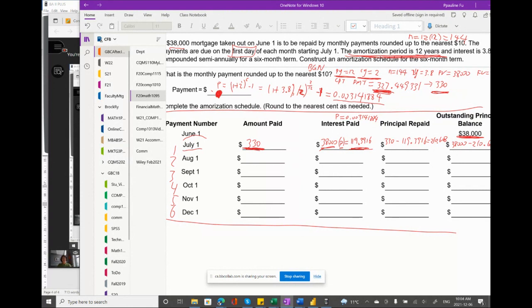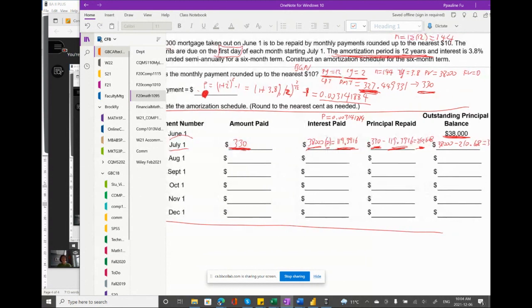Once you calculate interest paid, what is the principal paid? Use monthly payment, 330 minus interest paid. That is the principal repaid, $210. Any questions? Monthly payment minus interest, that is the principal.